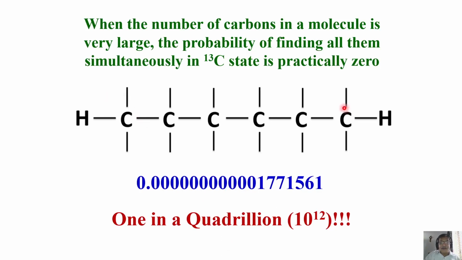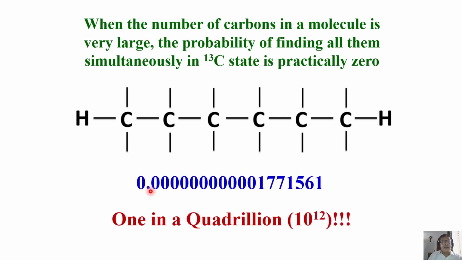The probability of all 6 carbons being in the carbon 13 state is 1 in a quadrillion. Can you think of that in a realistic situation? Impossible, very, very difficult, practically 0. So in a given molecule, all the carbons being in the carbon 13 state at the same time is practically 0. You understand?